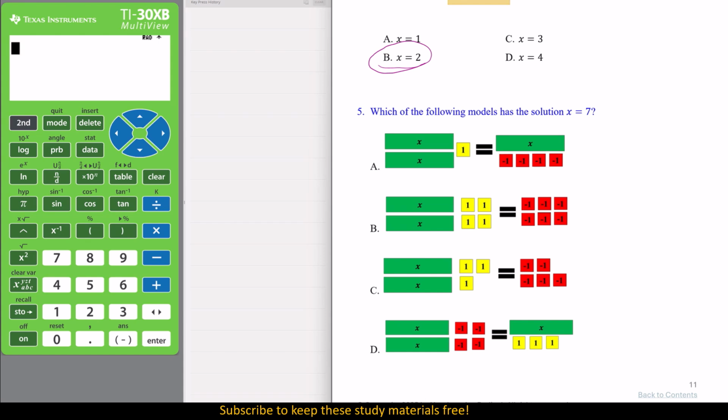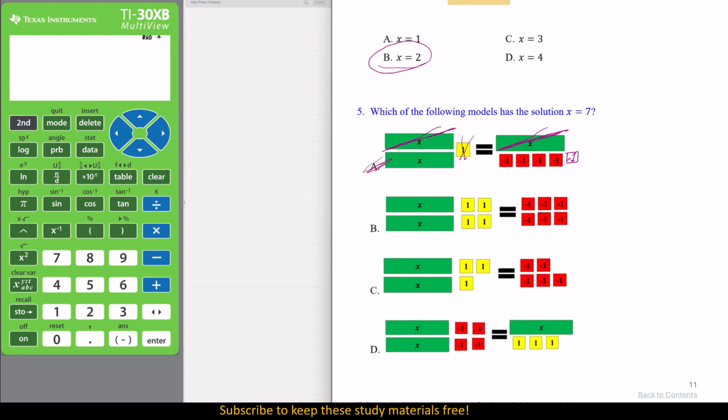Okay, let's see here. I'm looking at A right now. If I took an x off here, I have to take an x off here. Okay, that leaves me one x. Now, to get rid of the singleton, I would have to subtract it over here and then subtract it over here also. I see x equals negative 1, 2, 3, 4, 5. Nope, A doesn't make sense.